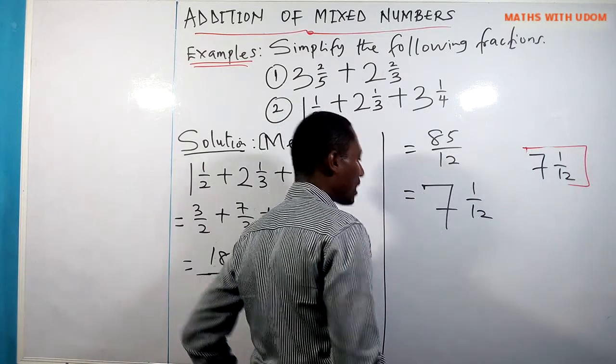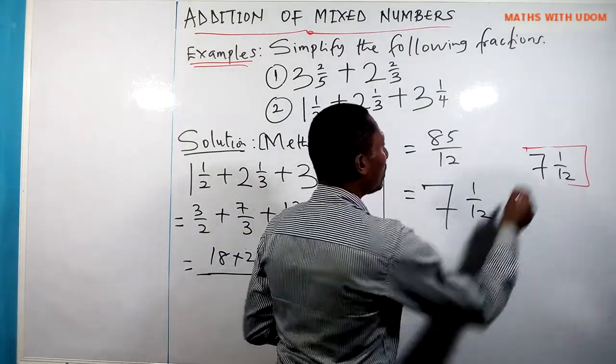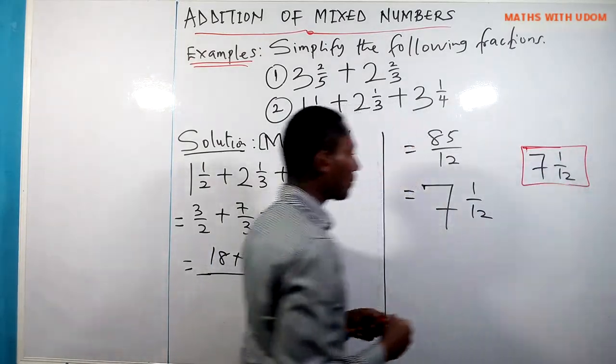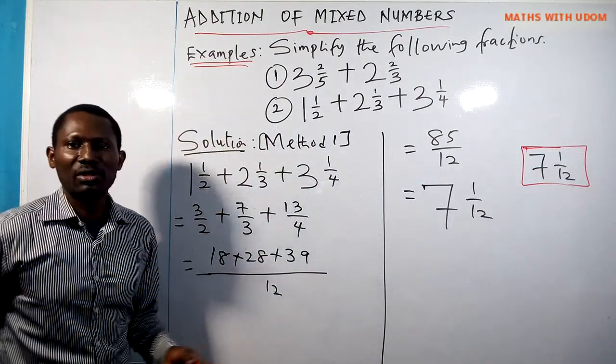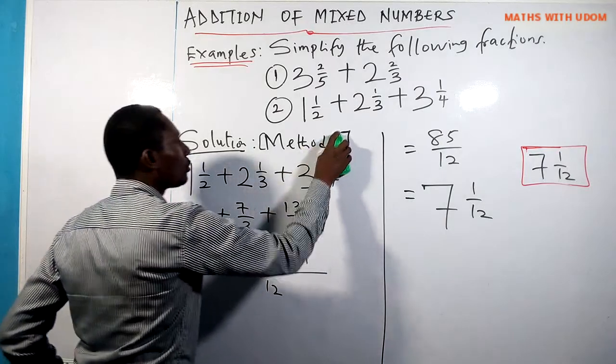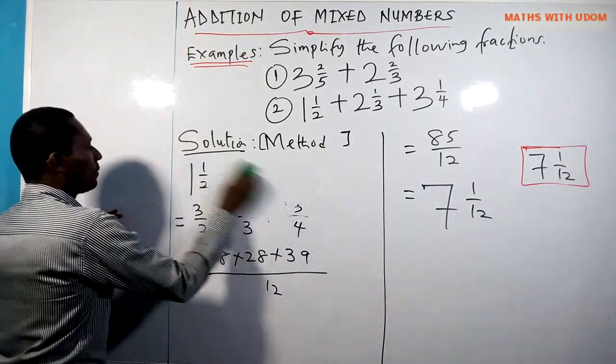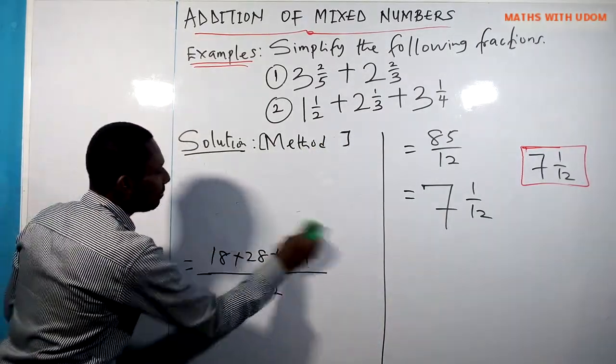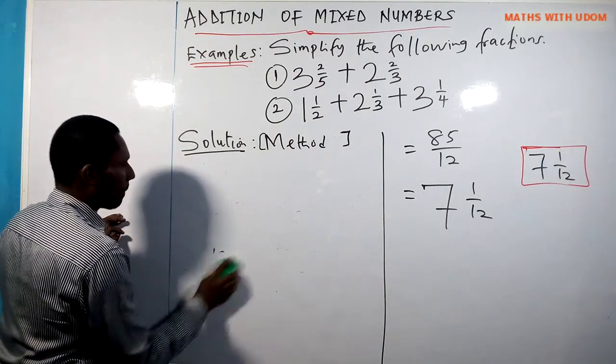So let's put our answer in that corner. We'll refer to it later, okay? Now, this is the first method. Now, let's quickly move to the second method to solve this problem, method 2. And we will get the same result, the same answer.